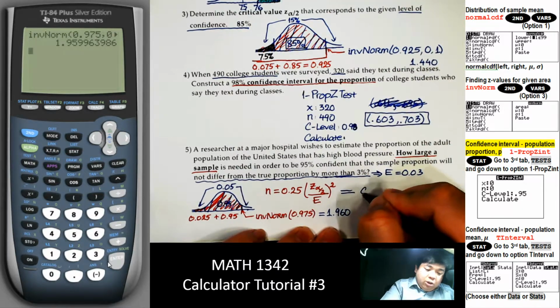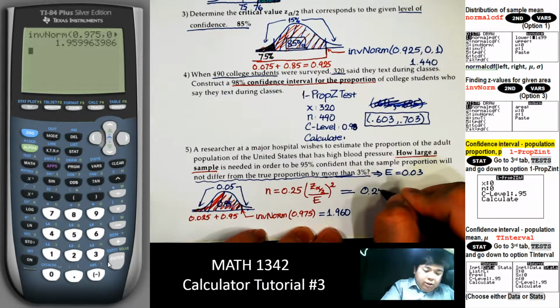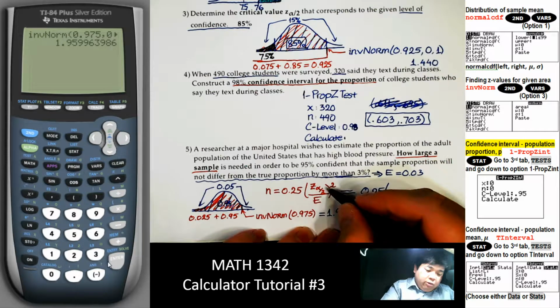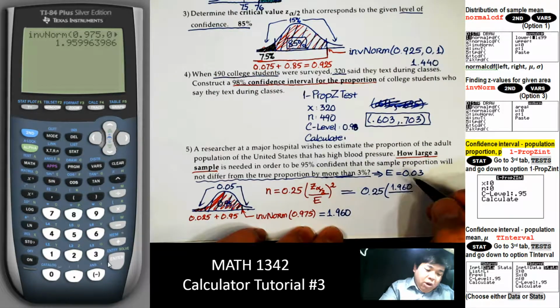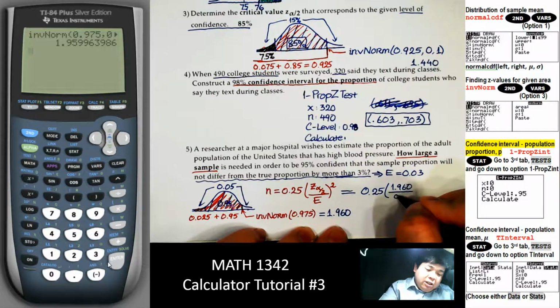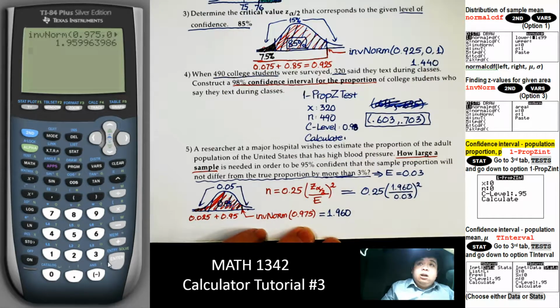So calculation, we have 0.25 times z alpha over 2, which would be 1.960, and by more than 3%, and we do that.